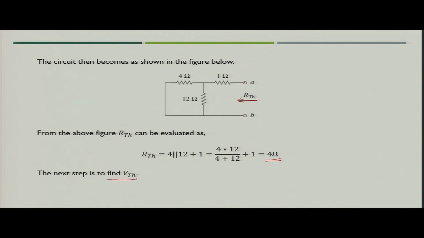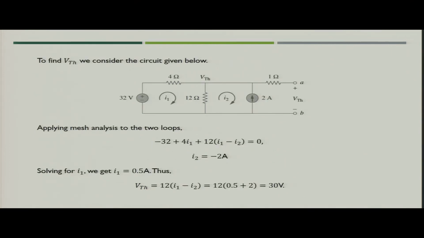Now, the next step is finding the value of the Thevenin voltage. To find the value of the Thevenin voltage, we have to consider the circuit, and whatever we discussed in previous classes, we have to just recollect our study, especially the mesh analysis which we discussed.